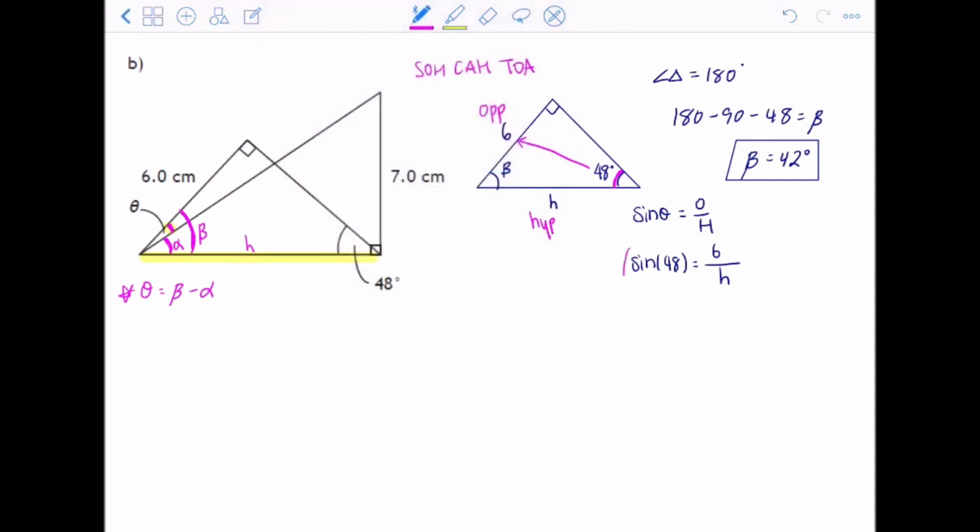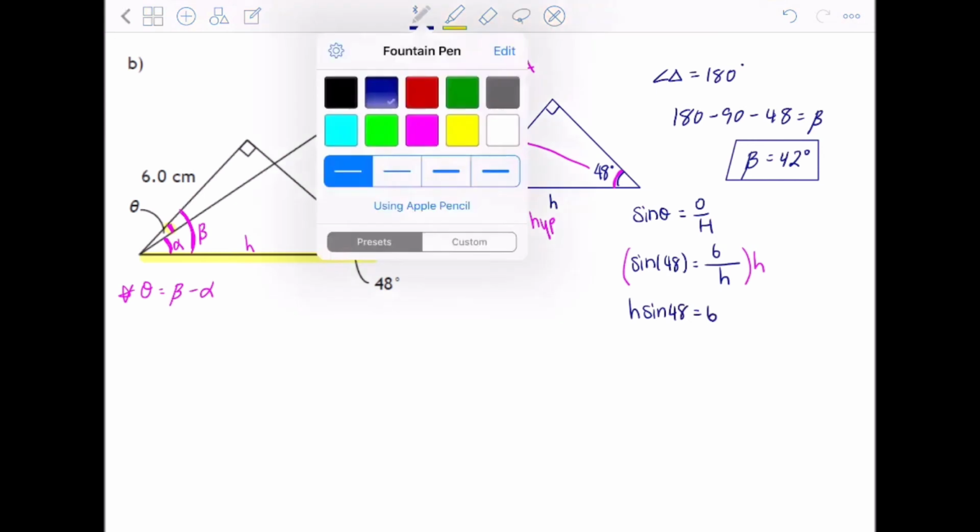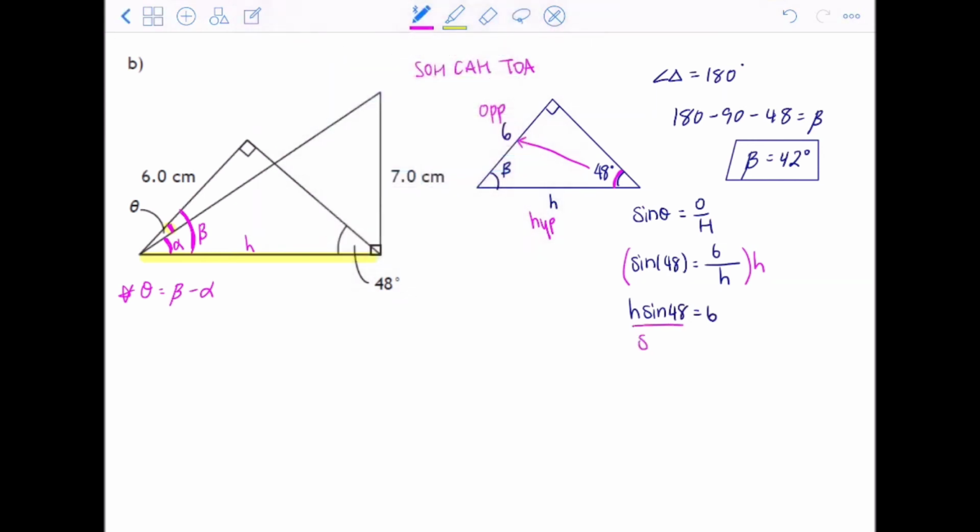Let's solve for h. Multiply h to both sides, then divide both sides by sine of 48. You get h equals 6 divided by sine of 48.